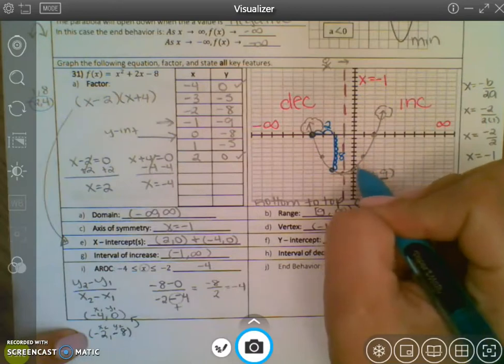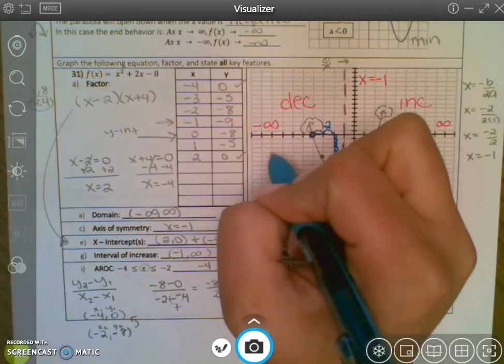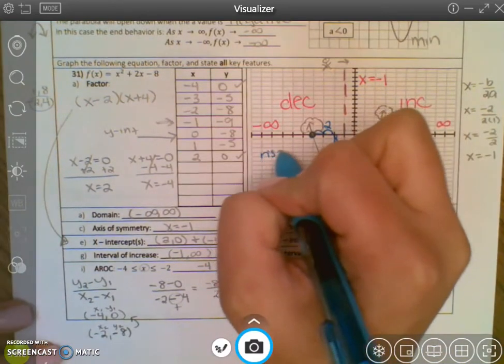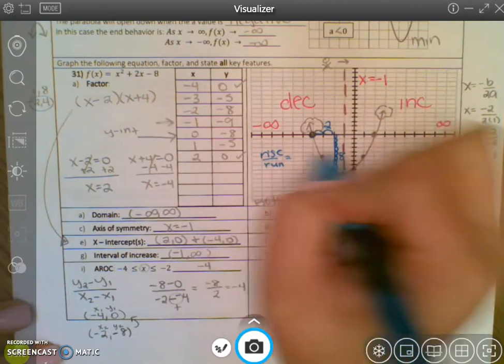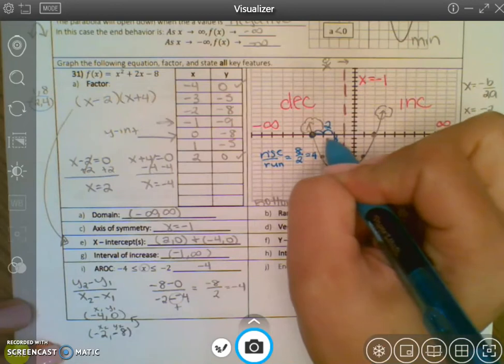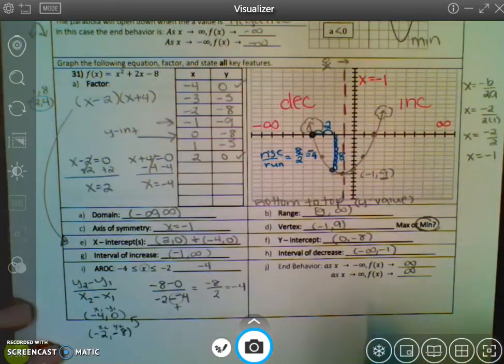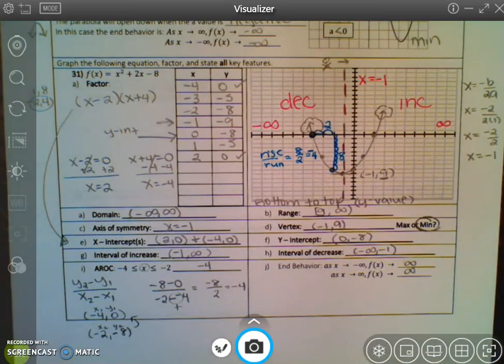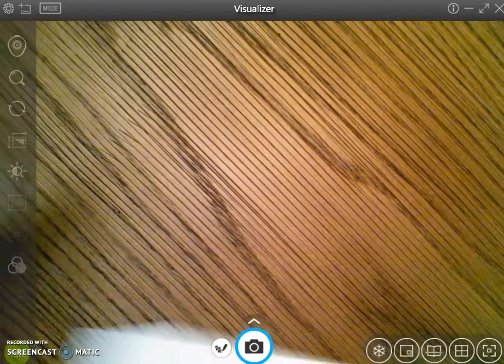Remember, it's rise over run, so that's 8 over 2 is 4, but I had to go down, so that's a -4, just like we have. Down, next page.